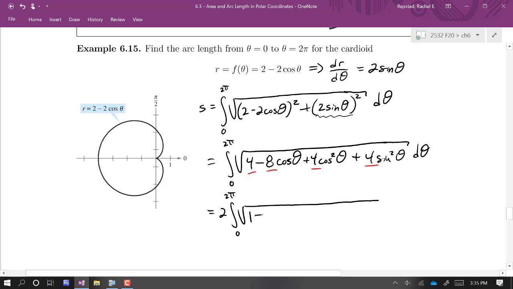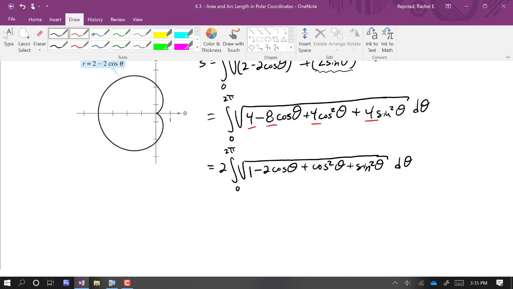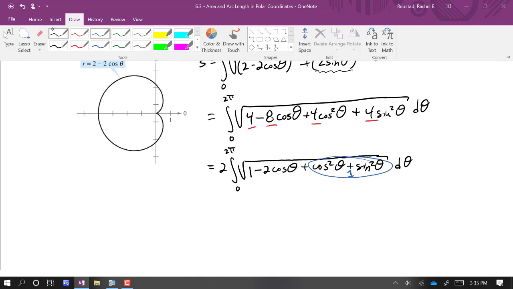So we have 1 minus 2 cosine theta plus cosine squared theta plus sine squared theta. Still looking maybe a little messy, but it's going to look better once we use the Pythagorean identity right there. So that's just a term of 1. So overall this is 2 minus 2 cosine theta.